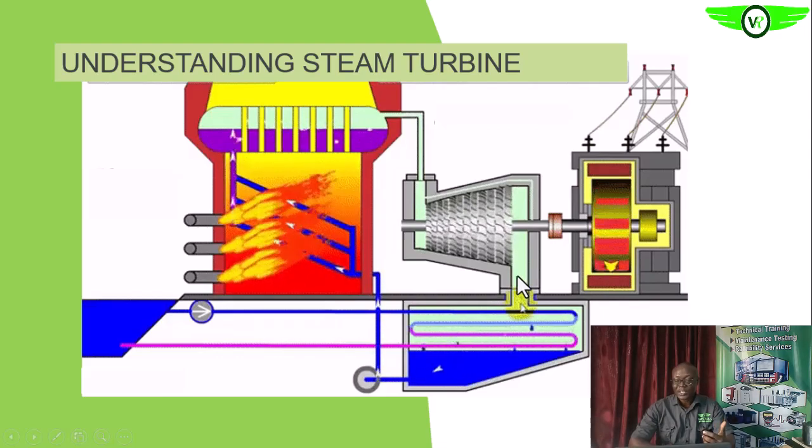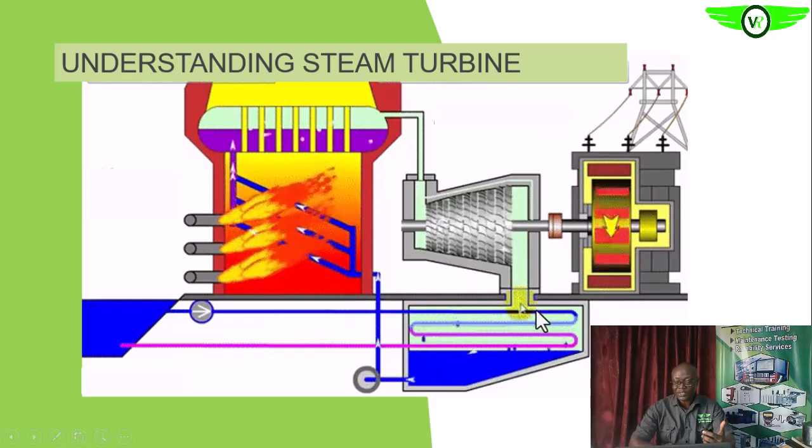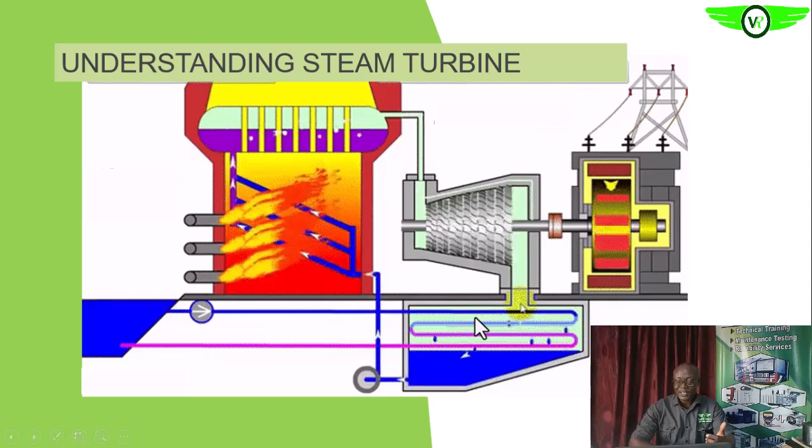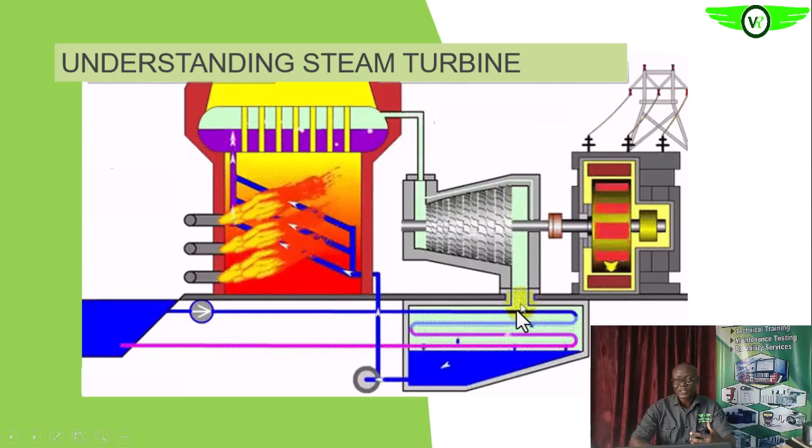We have a system that helps us pull vacuum on this exhaust system to establish vacuum. But ordinarily, without that vacuum system, this condenser sends in cooling water, and that cooling water helps to condense or cool the steam.